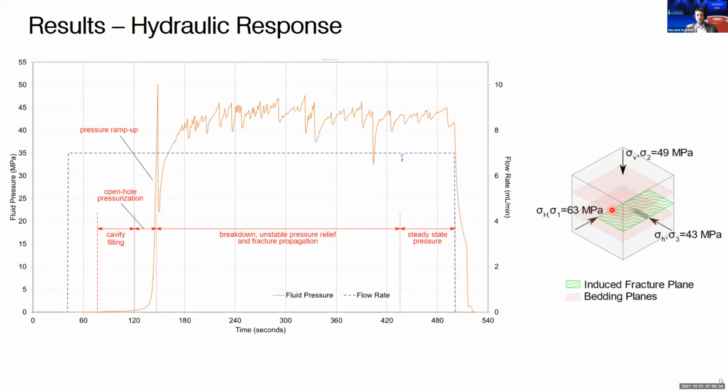The plane along which the failure was happening, sigma 1, sigma 3, was parallel to the orientation of the bedding planes of that particular sample. I was quite puzzled. We were not really sure what was going on at the time.